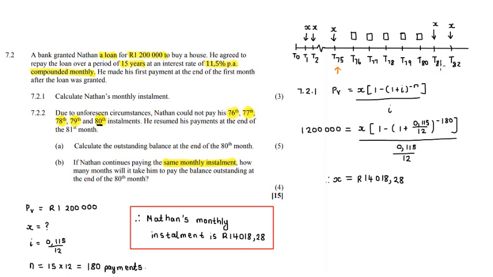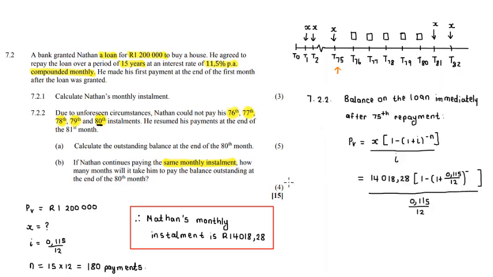He still wants to settle that using this monthly installment of 14,018 Rand and 28 cents. Then we need to calculate how many of these monthly installments he is still going to have to make in order to settle that total outstanding balance.